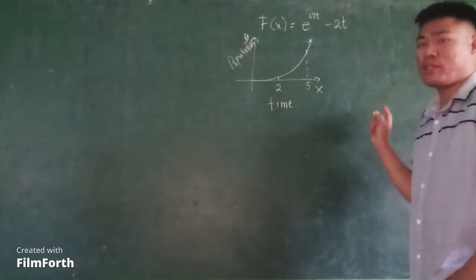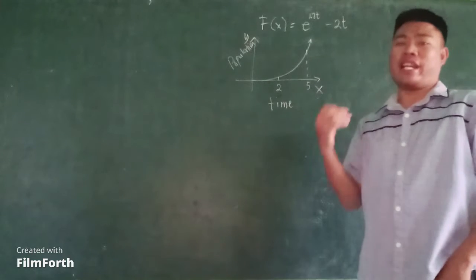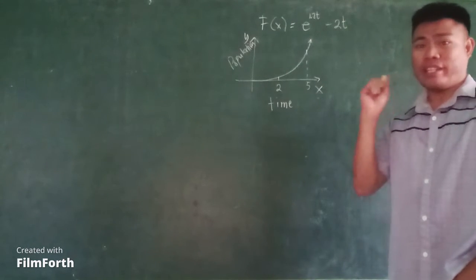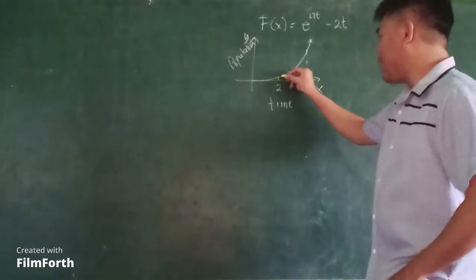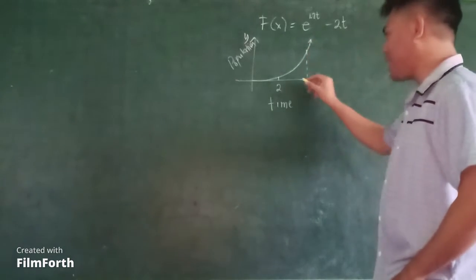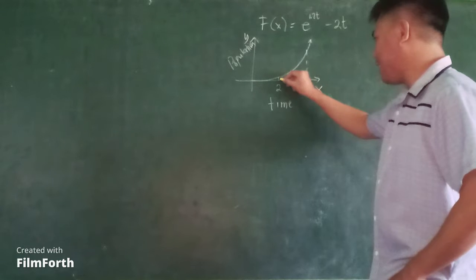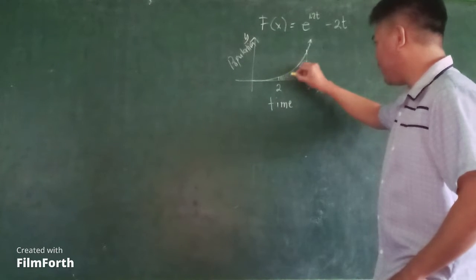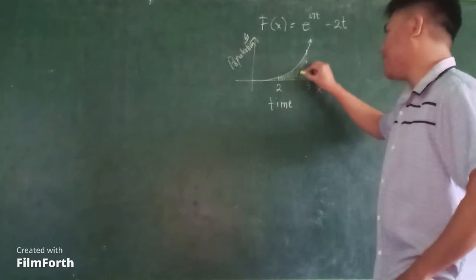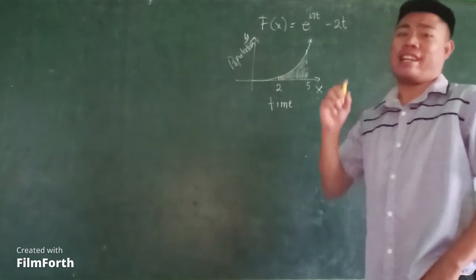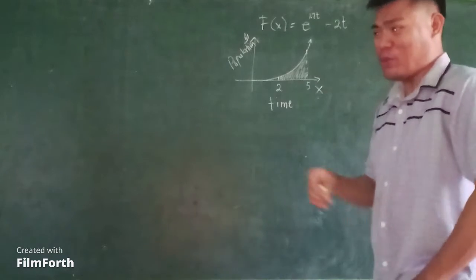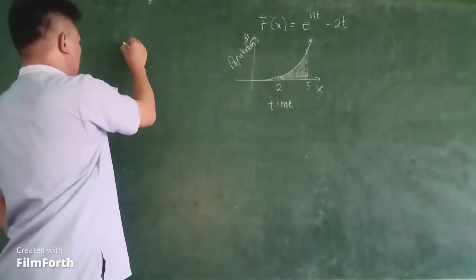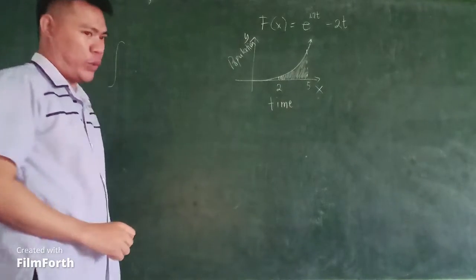So, how are we going to solve this? How are we going to find the population? What we're going to do is to find the area here. If you find the area here, then that means the population. So, with that, we can go to the integral form.